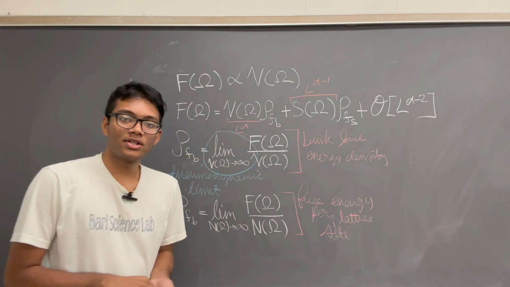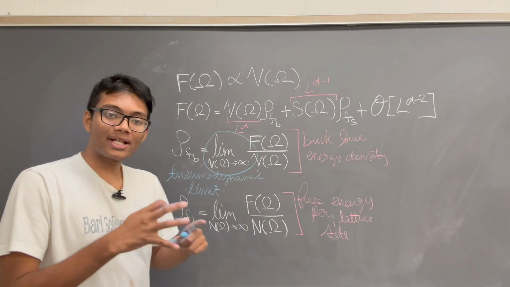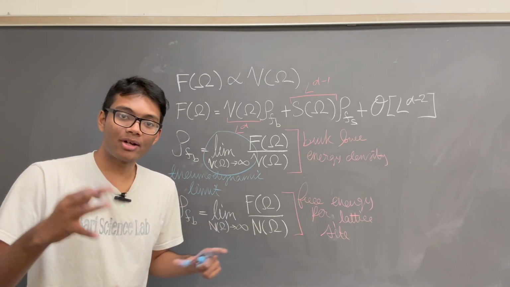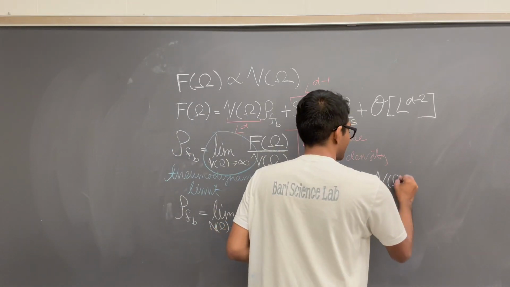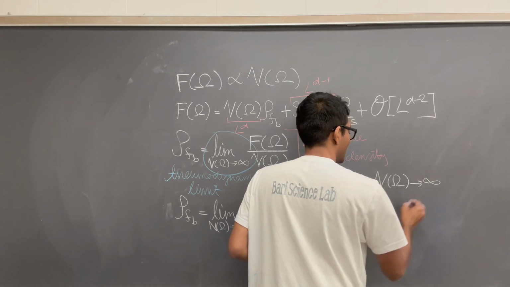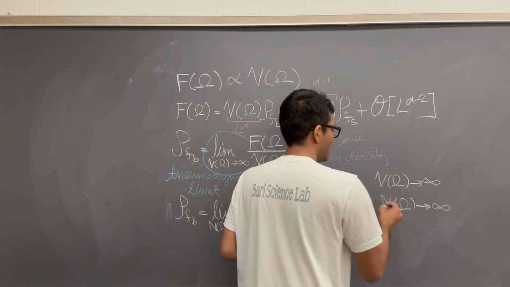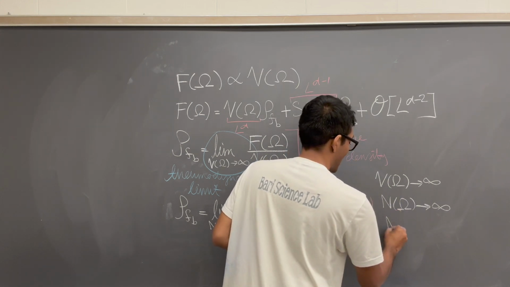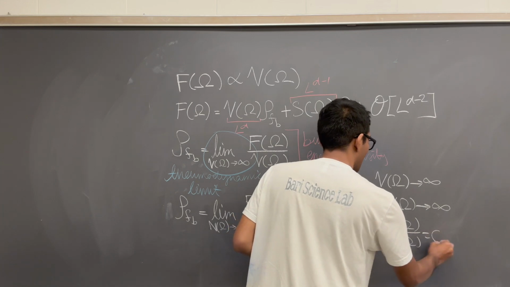Okay, very good. So now what does this mean? That means that if you are expanding a thermodynamic system out to infinity, then you have to take both the volume of the system, V of lambda, to infinity, and the number of particles or lattice sites in the system to infinity, so that the number density, N of lambda over V of lambda, stays constant.